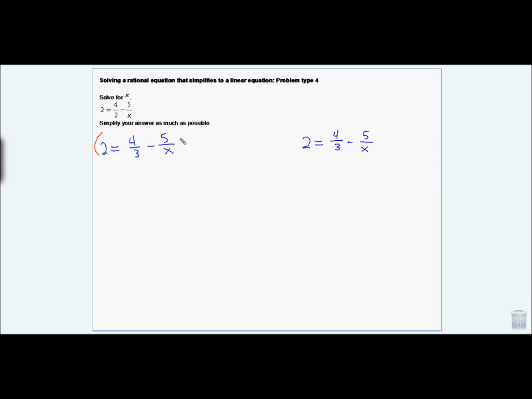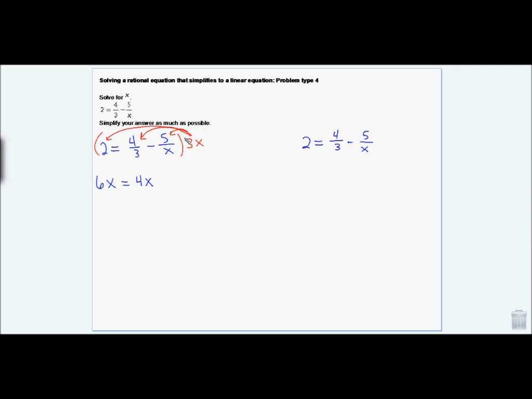To clear the fractions, my common denominator would be 3x. Multiplying that by 2, I get 6x. Multiplying 3x times 4/3, my 3's will cancel, so I will get 4x.